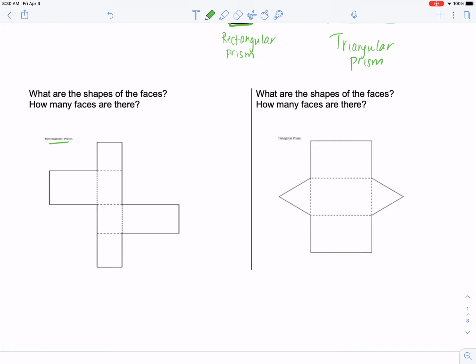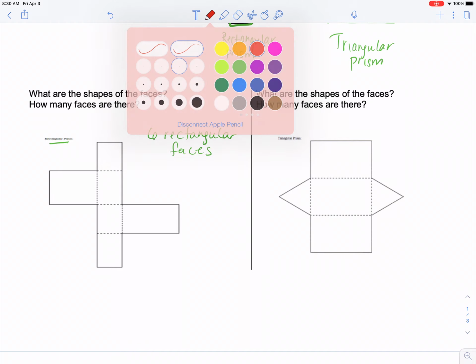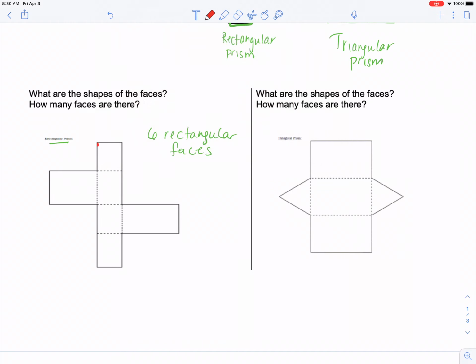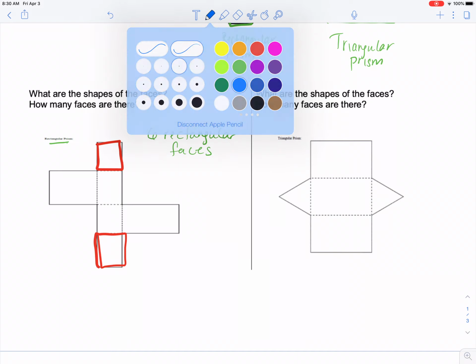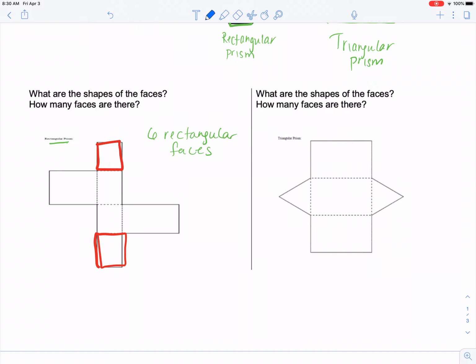So for a rectangular prism, there are 6 rectangular faces, but there are 3 that are the same. So like here, this top and bottom are congruent. Then you have the sides.